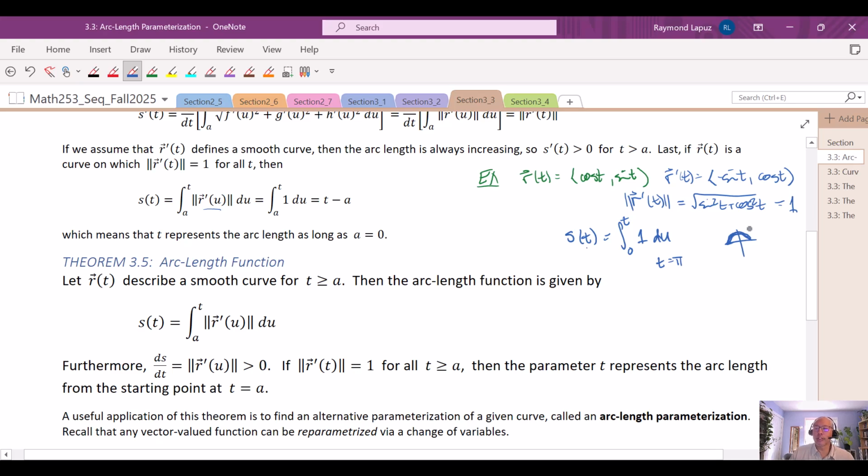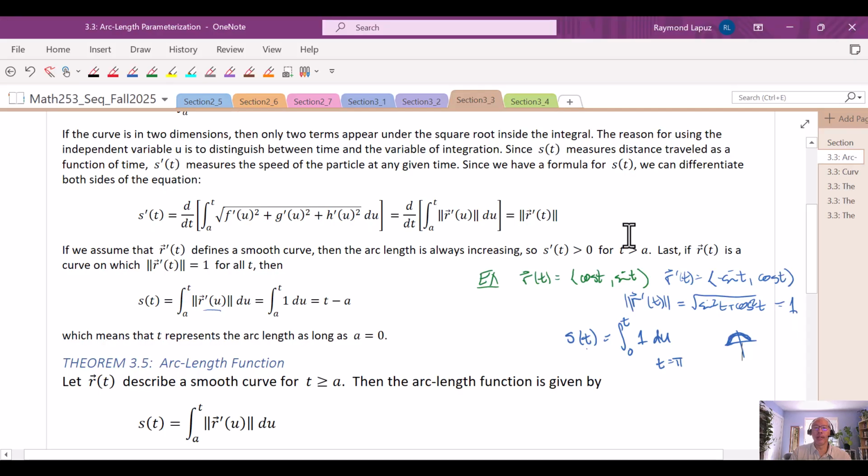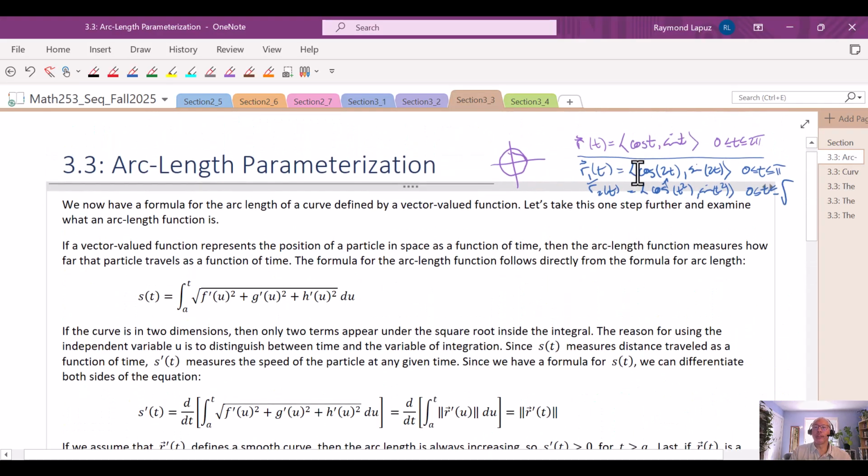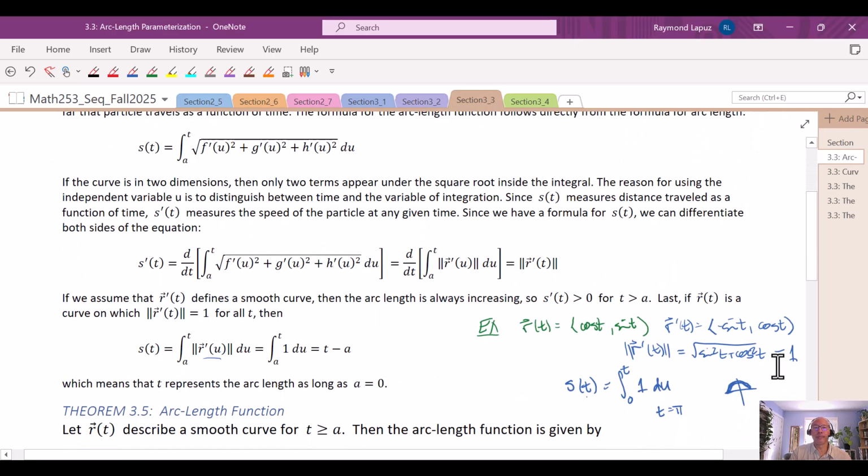So that's half of the circumference. Okay. So we've been kind of taking that for granted, but there's something special about that parameterization because it's already parameterized by arc length. So if somebody else gives you a different parameterization for the circle where your limits don't go all the way up to 2 pi, then you're not parameterizing by arc length.